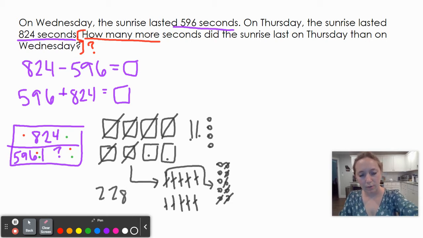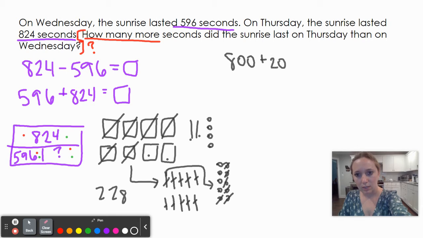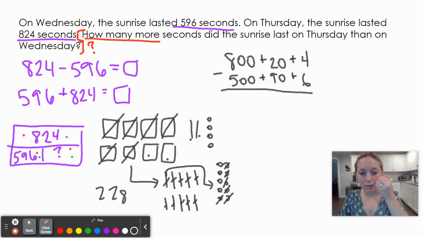I can also solve it with expanded form. I could do 800 plus 20 plus 4 minus 500 plus 90 plus 6. So essentially this is the same thing as our base 10 blocks, but now it's just in expanded form. So I have 824 and I'm taking away 596.